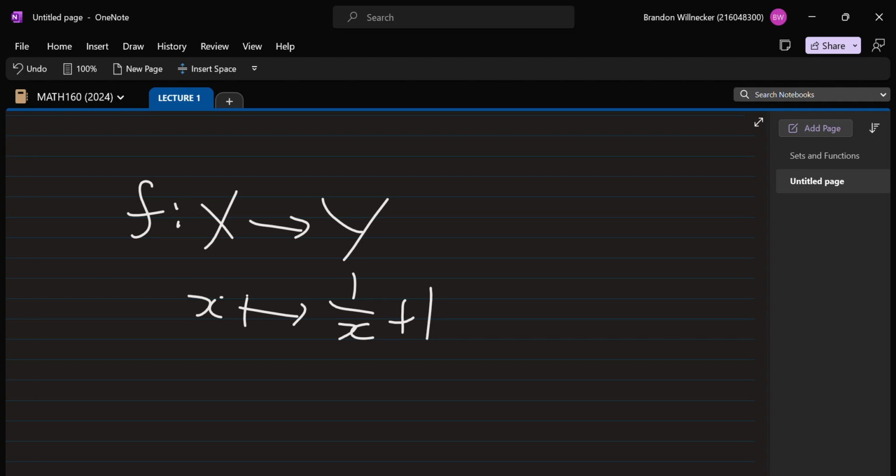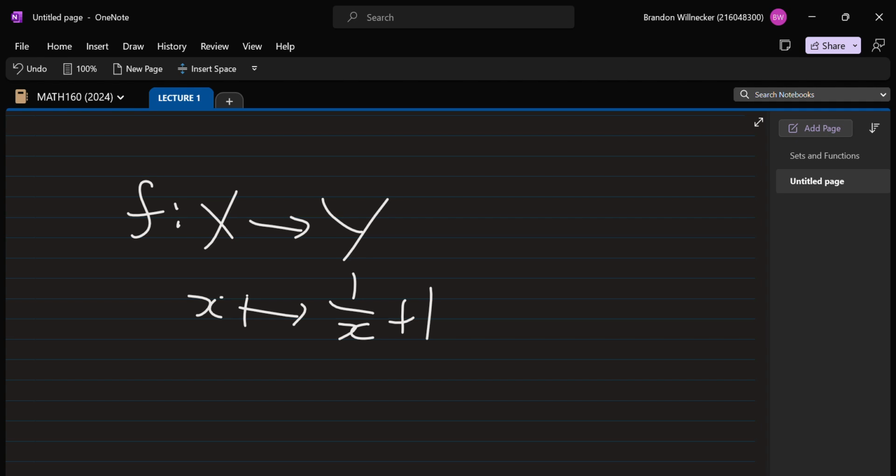Now with this one, there are quite a lot of values in the range. There's one value that is not in the range, and it's easier to find what that is. Which value out of that rule can we not get to? Positive 1, exactly. Why positive 1?